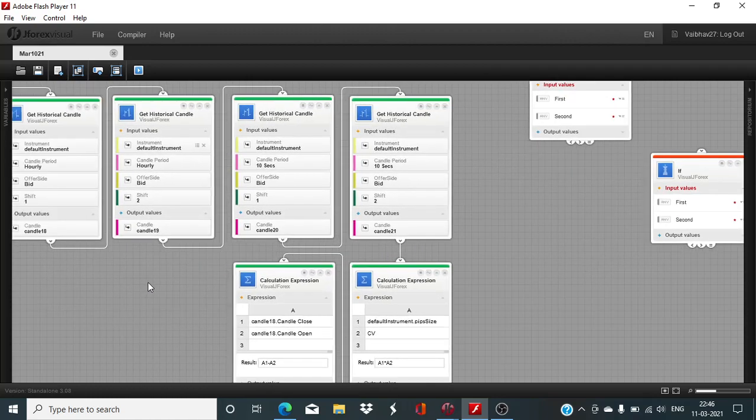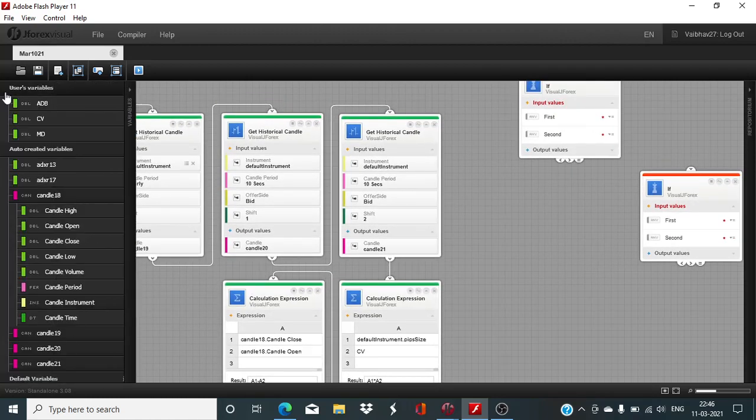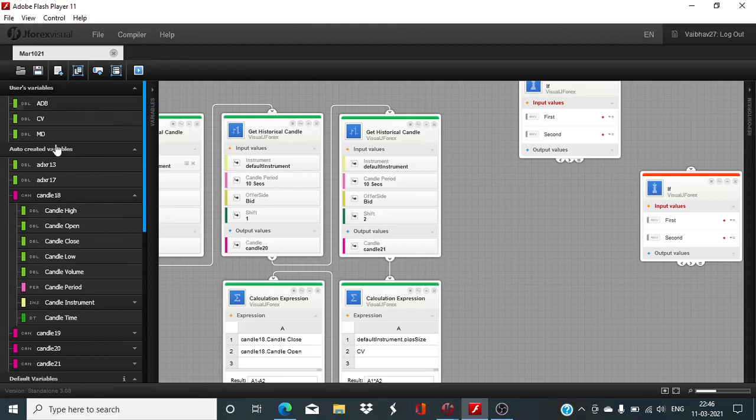Now we will have to take the candle 20 and candle 21's closing values.